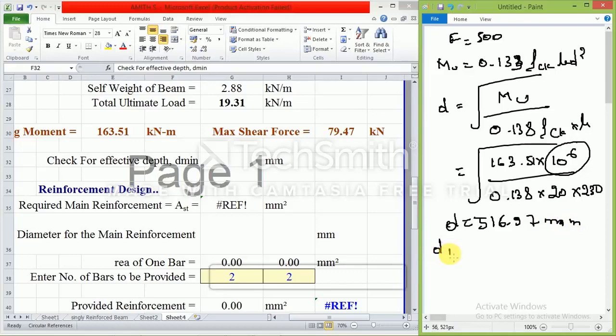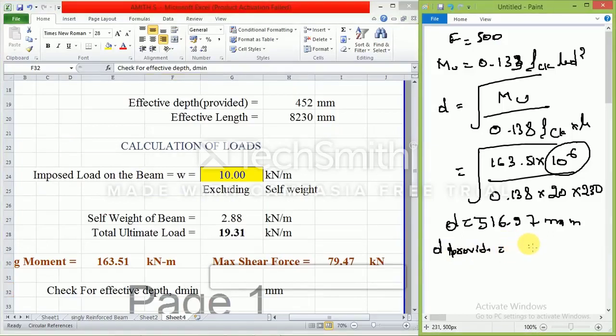So what is the D provided? The D provided is 452 mm. What should be the condition?